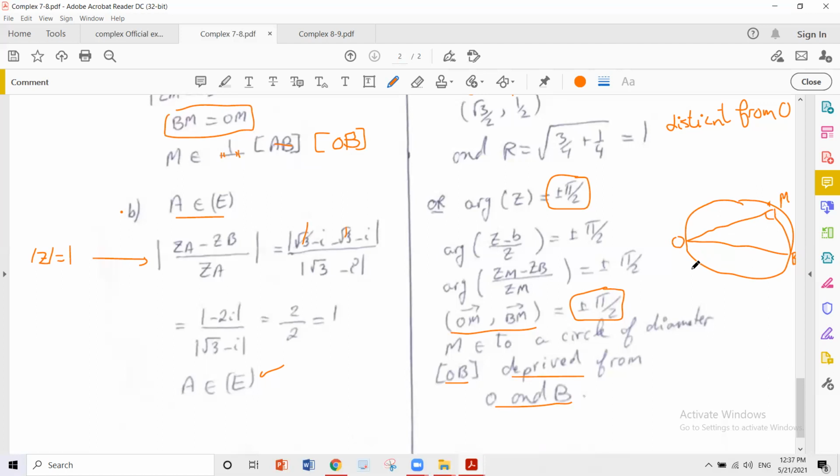This is why we say it is deprived from O and B.